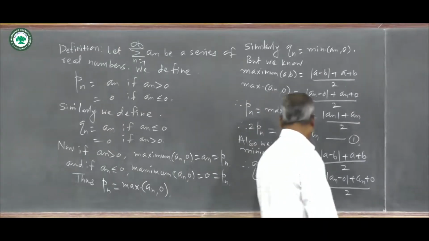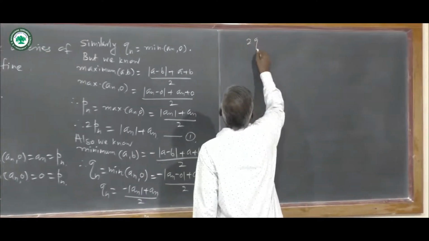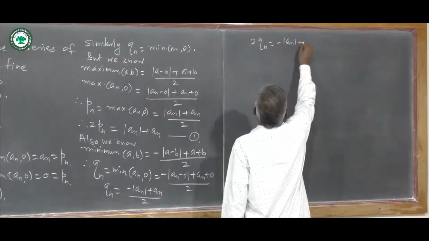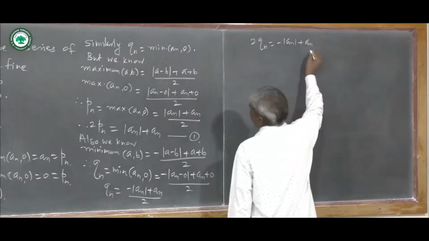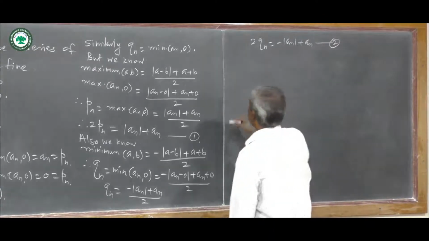Multiplying by 2, we obtain 2q_n is equal to minus mod of a_n plus a_n. This is equation 2.